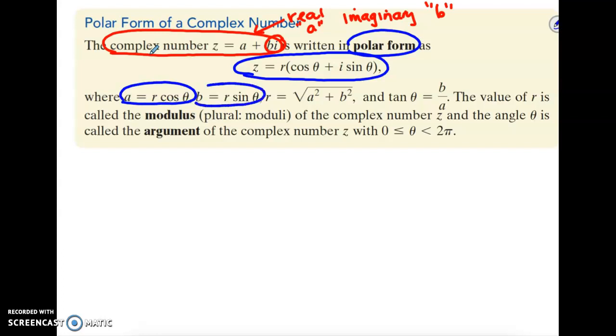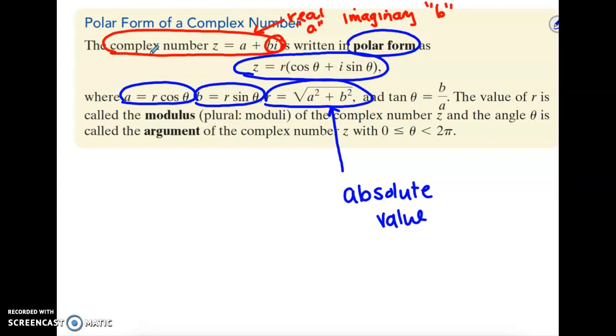B is R sine of theta. The R value is the square root of A squared plus B squared, which is your absolute value, if you remember from our previous video. And then the tangent of any angle is found by B over A.